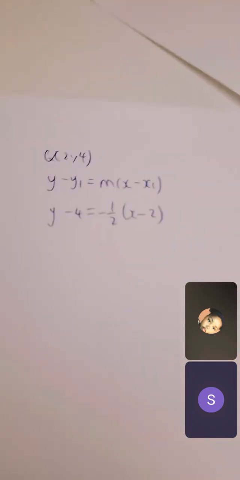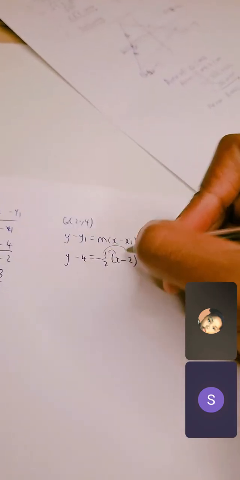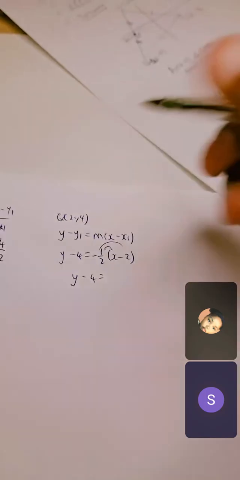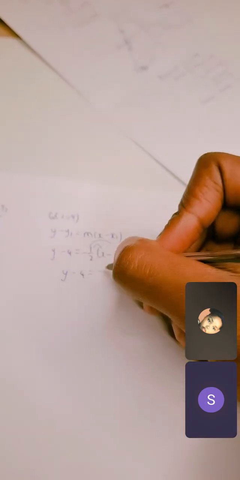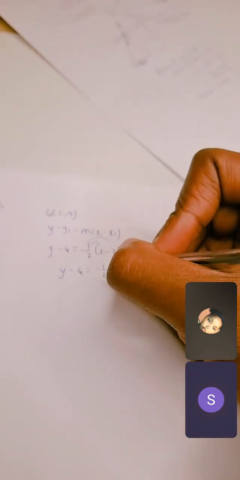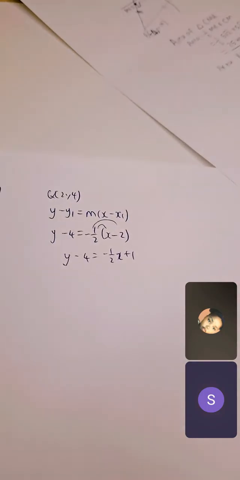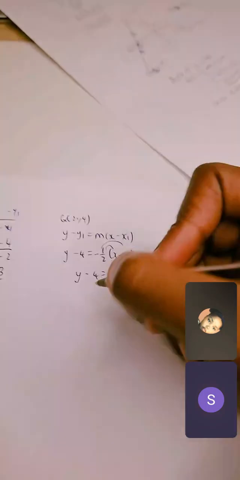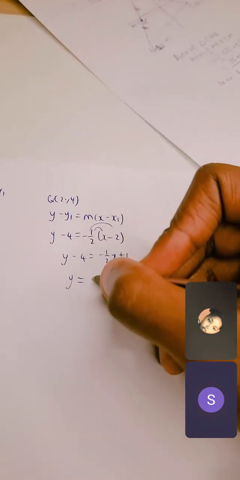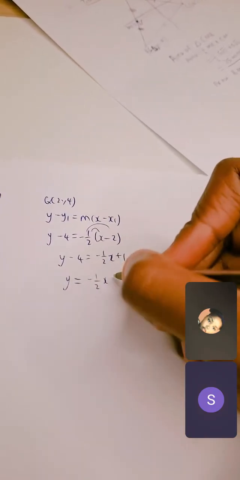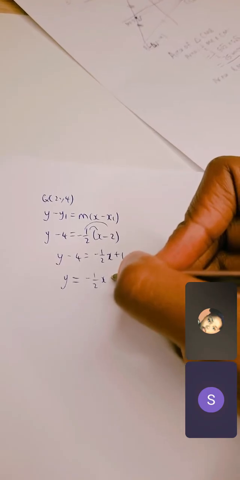Then Y minus 4 is equal to minus 1 over 2 X plus 1. Then our equation will be Y is equal to minus 1 over 2 X plus 5.